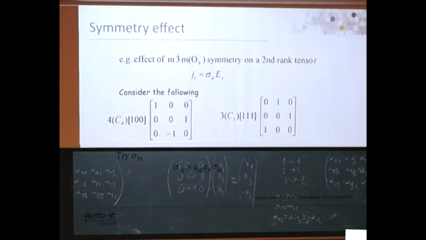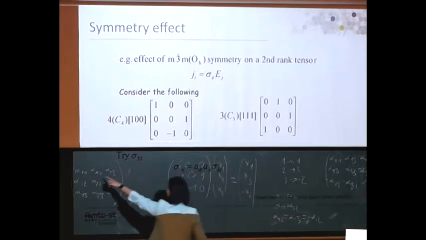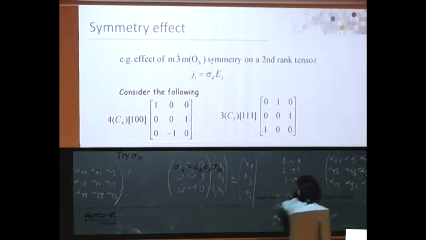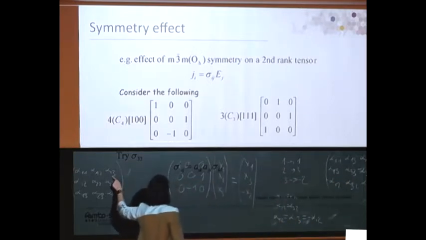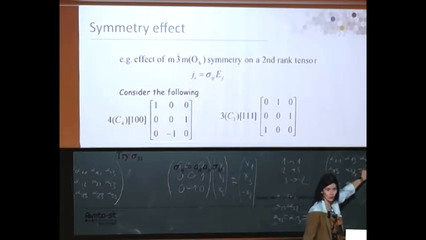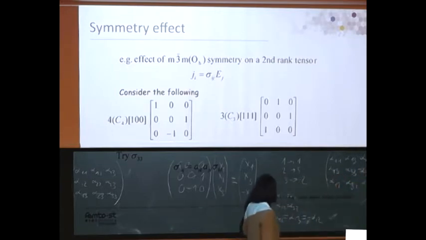I don't know if everyone is following, but I'm going fast. So alpha 1, 2 is equal to alpha 1, 3, but alpha 1, 3 is equal to minus alpha 1, 2. So alpha 1, 2 is equal to minus alpha 1, 2. So it has to be 0.